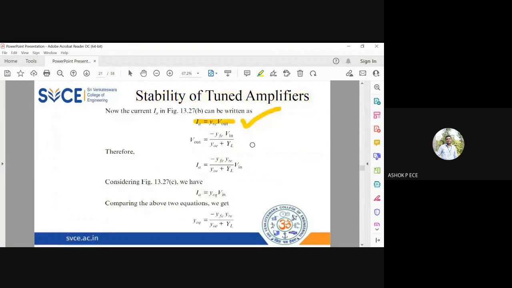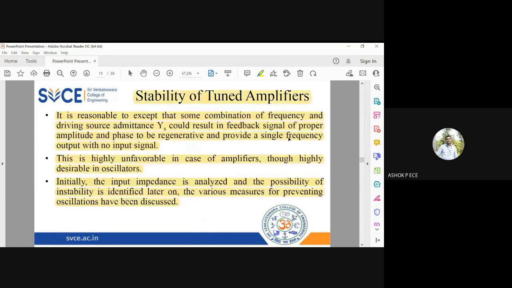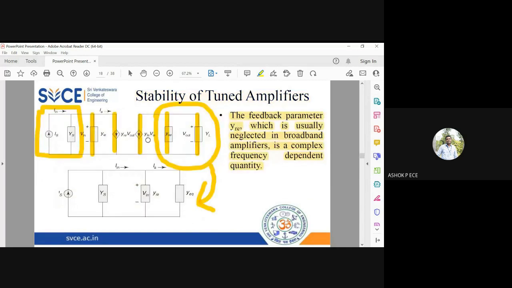So minus Y_FE V_in divided by Y_OE plus Y_L is going to be the expression for V_out. Minus Y_FE V_in is the current source, divided by Y_OE plus Y_L.